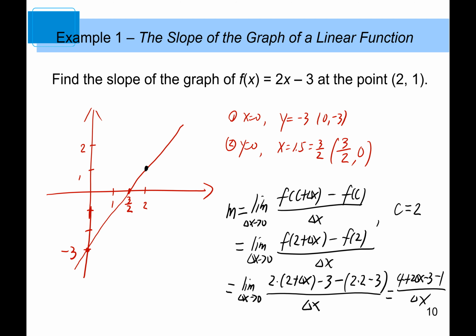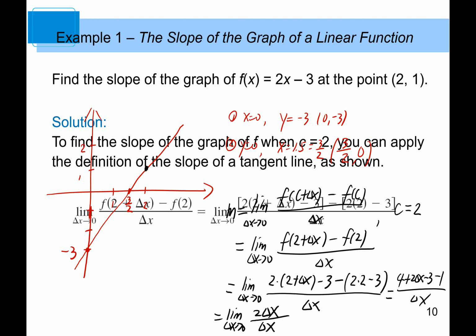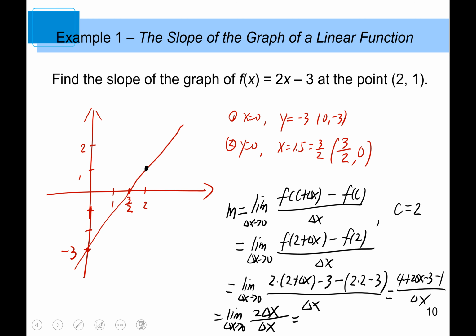Eventually 4 minus 3 minus 1 cancels to 0. So we have the limit as delta x approaches 0 of 2 delta x over delta x, and that becomes 2. Cancel delta x, it becomes 2.